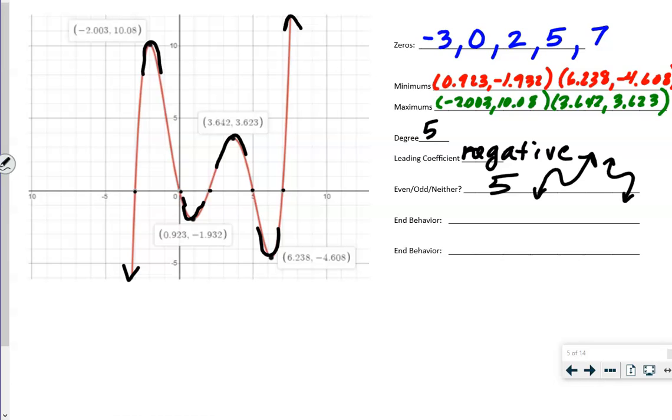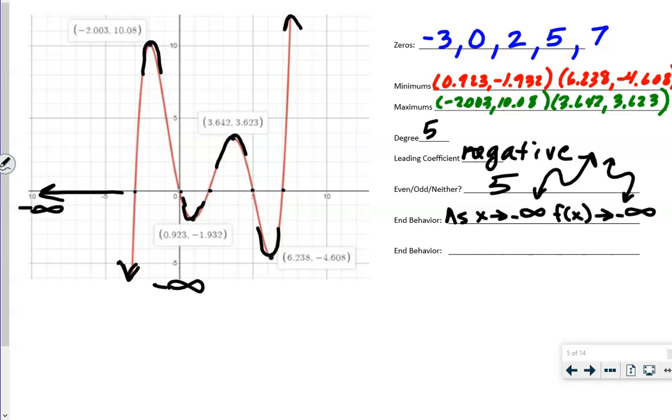And our end behavior here, as x approaches what over here? What is over here? Negative infinity, right? Where's our graph headed, y'all? Isn't it also headed towards negative infinity? So this has to say as x approaches negative infinity, our f of x or y approaches what? Negative infinity as well.